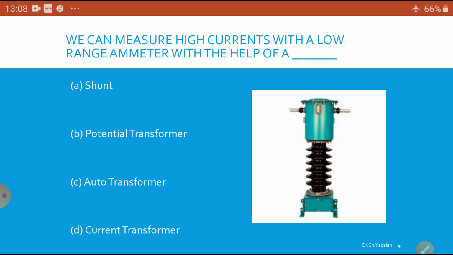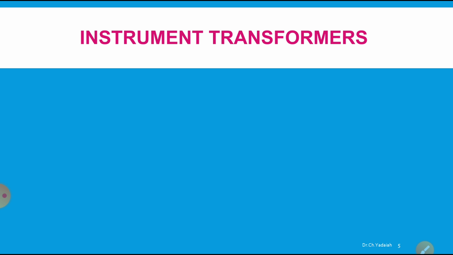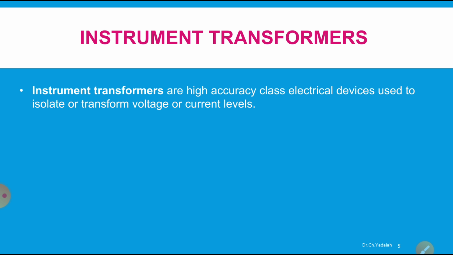So what is the benefit of these instrument transformers? Already you have the experience. Let us see instrument transformers. Instrument transformers are high accuracy class electrical devices used to isolate or transform voltage or current levels. What is the meaning?